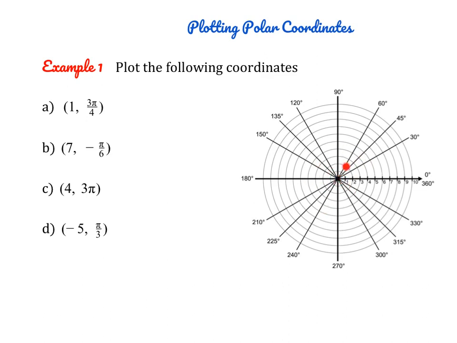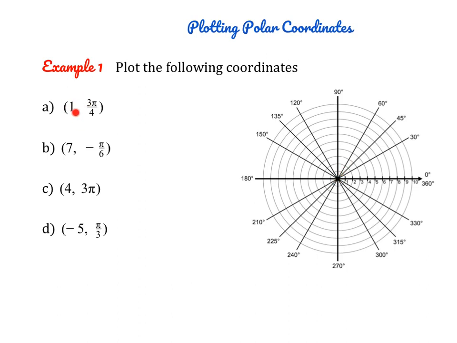Each circle represents one unit of your radius, or that r value, so that's 1 unit from the center of our graph. You'll also see that we have some common angles drawn out around. It's also common to see some that have maybe like the 15-degree angles in addition to these. But again, each little circle just represents 1 unit of your length.